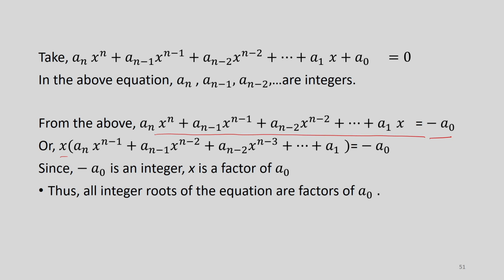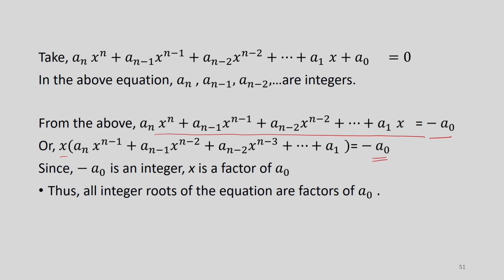Now, we know that a0 is an integer because it is the constant term, and the constant term is actually a coefficient in some sense. So, minus a0 is an integer, therefore x is a factor of a0 because we are talking about the roots which are integers.